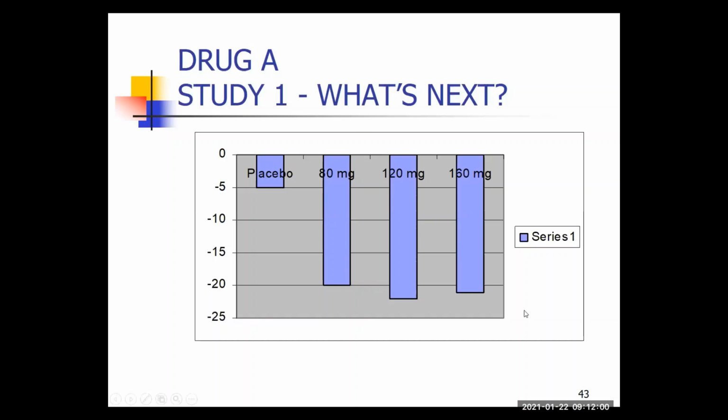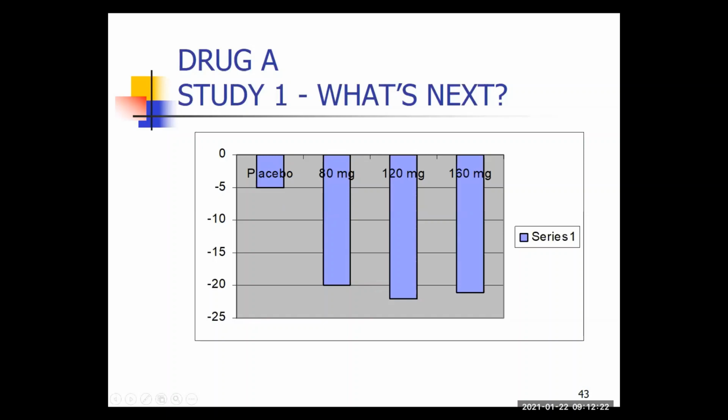So lower is better. In this case, the first study, I call it drug A. The first dose ranging study, we have placebo, 80, 120, 160. So you look at these results.